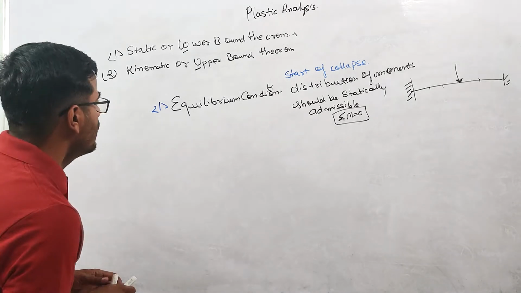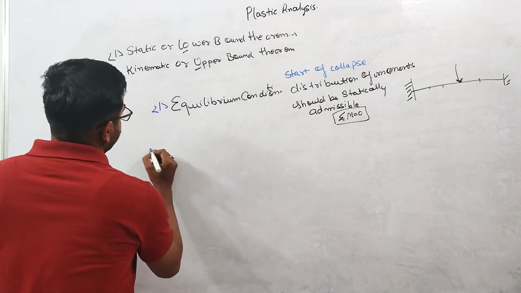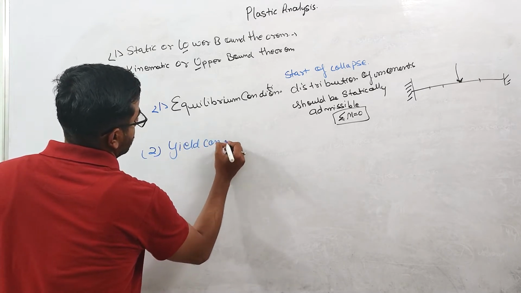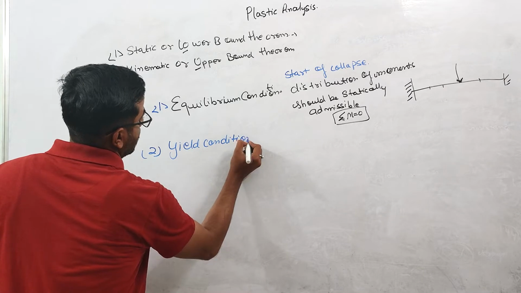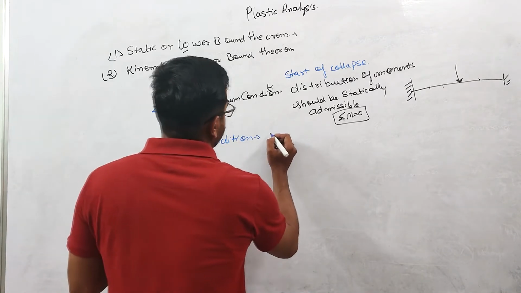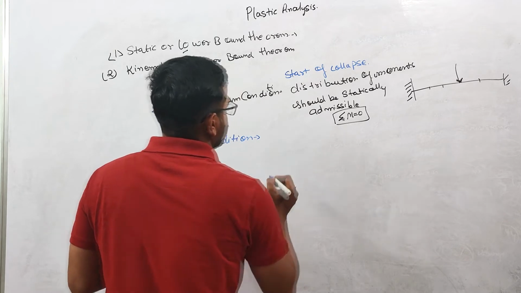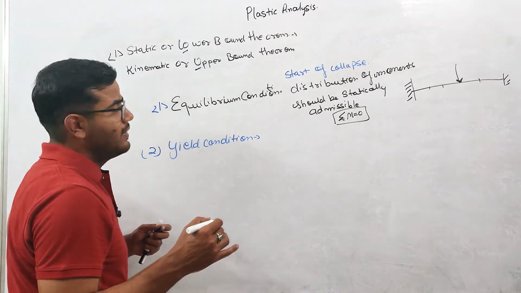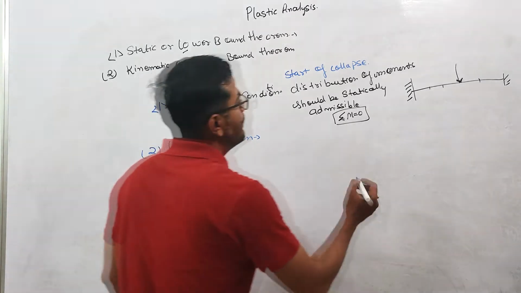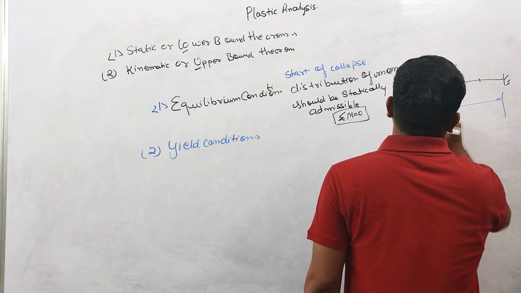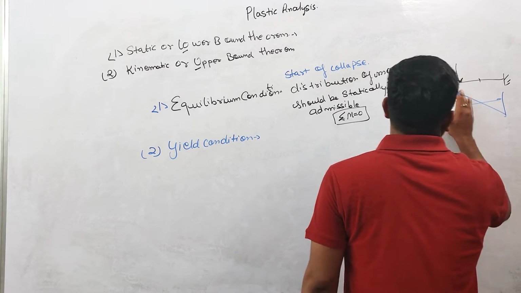Next condition is the yield condition. When we apply the load, there is some distribution of moment in this beam, and let us suppose this is the bending moment diagram of this beam.